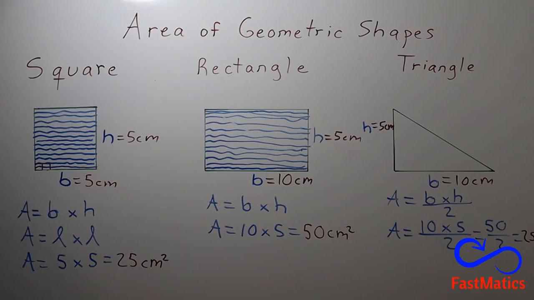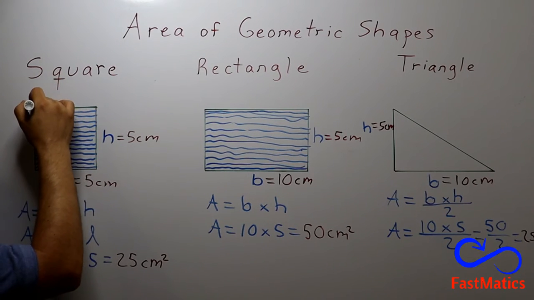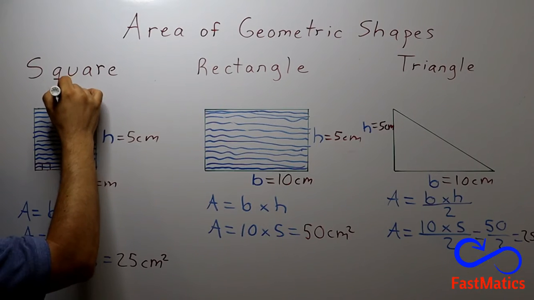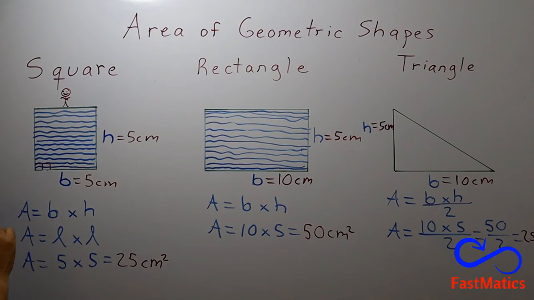But we have to say a very important thing. What is the height? How can I identify the height? Imagine you climb over a shape. Maybe you're here. And then you throw a rope to the floor.